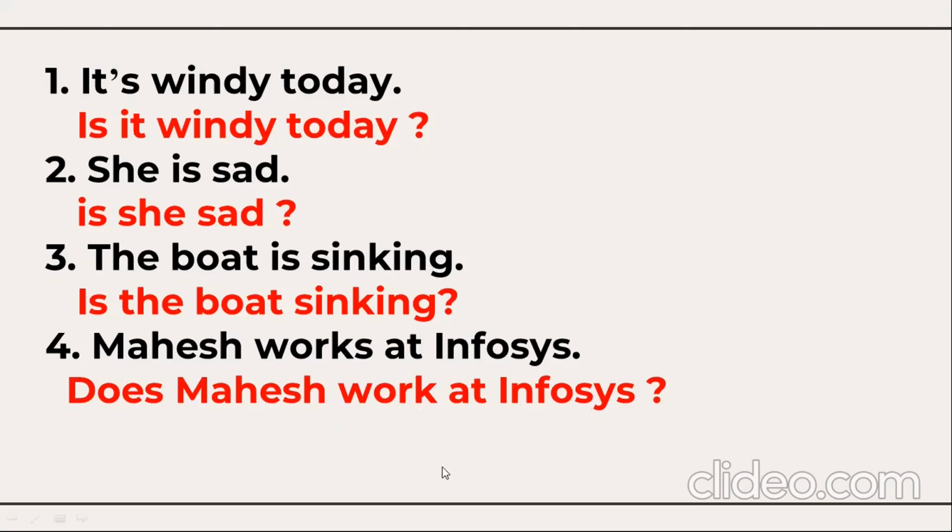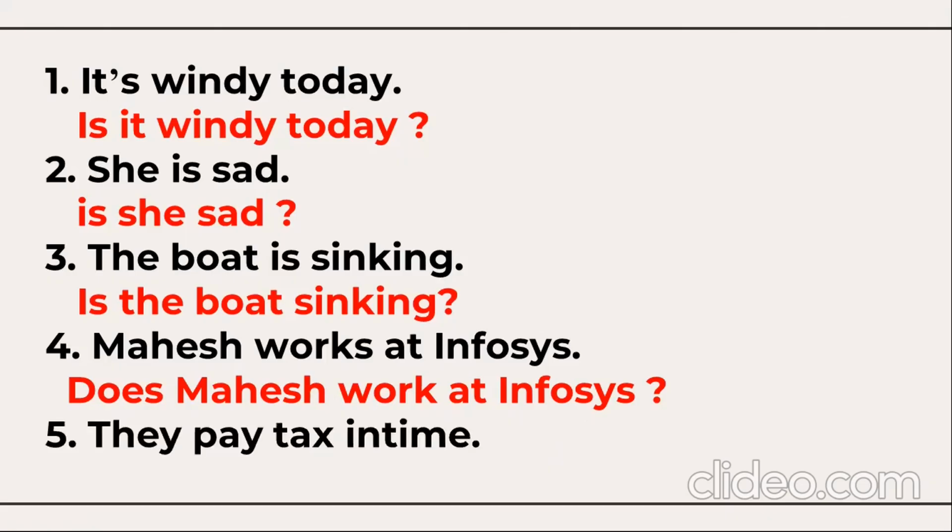We'll say, does Mahesh work at Infosys? Why have we removed the extra s? Because we already have the s or es in the do form. There are three do forms: do, does, did. In the present tense, do or does; we use does when the subject is singular. To understand more in detail, you can watch my videos on tenses and subject verb agreement.